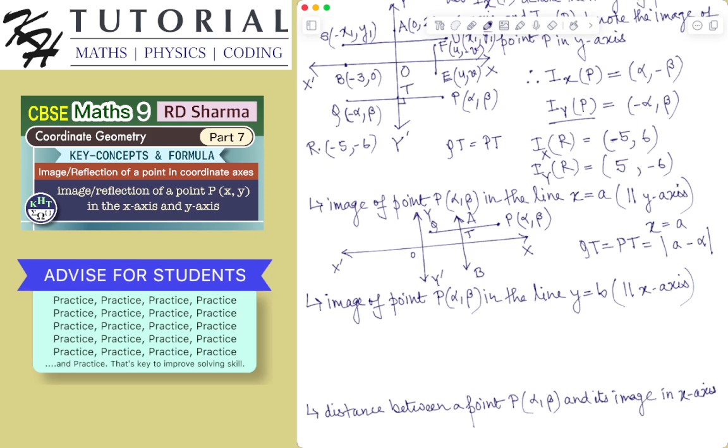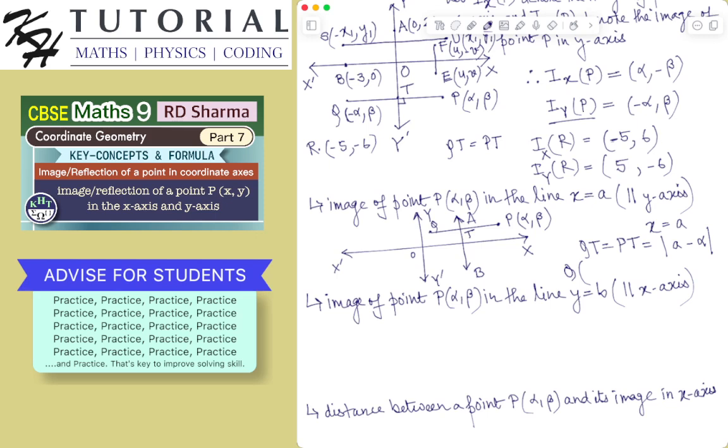So what will be the coordinates of Q? Remember that we are finding the image of the point P in the line which is parallel to the y-axis. So the ordinate of the points P and Q will be the same. So what will be the coordinates of the point Q? Now what is the abscissa of the point T?